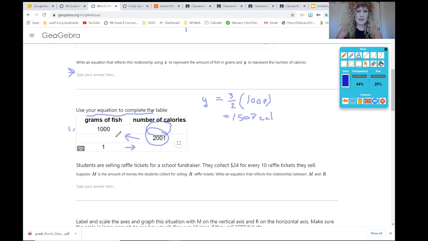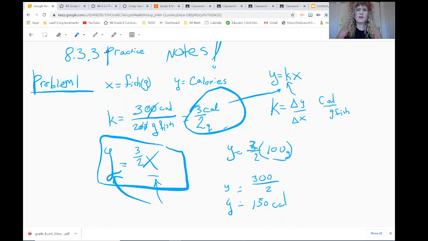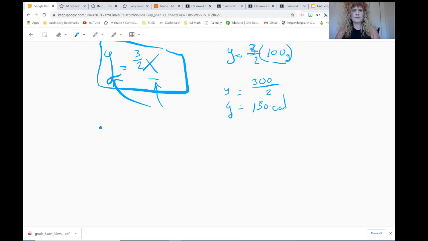Okay, how about this second one here? If you have 200 calories, how many grams of fish is it? Okay, you should be doing this in your notes. So now you have 200 calories. That is the y value.